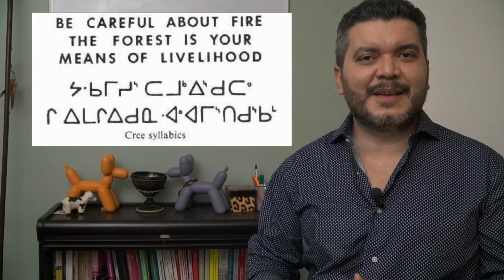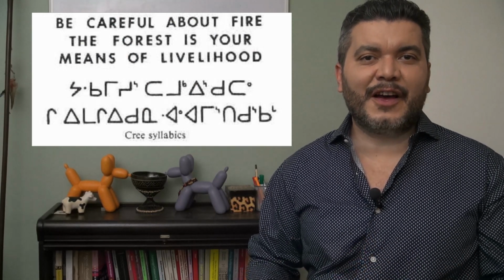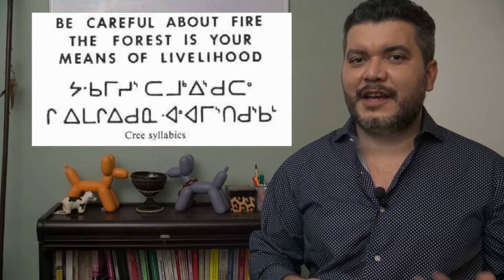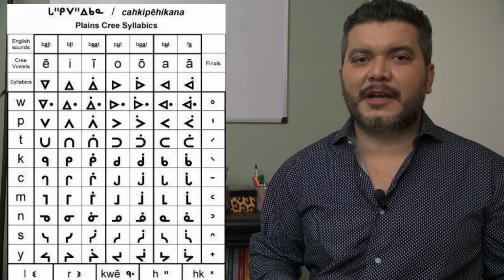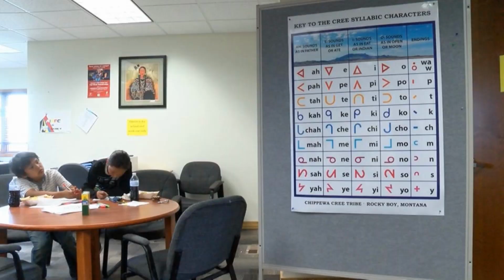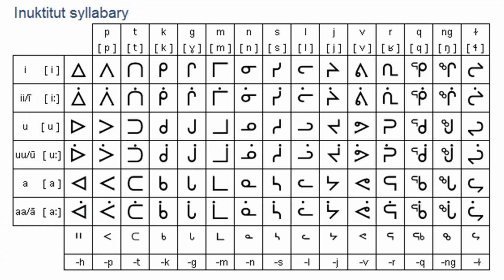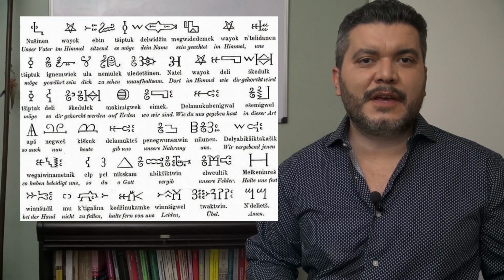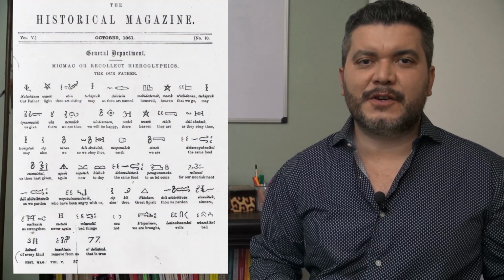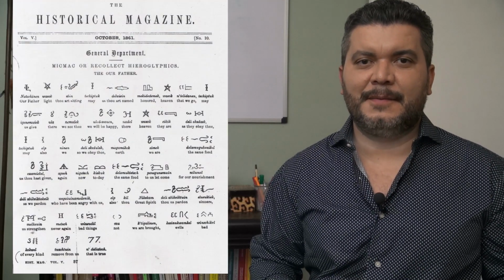The Cherokee syllabary inspired the development of syllabaries for other Native American languages, like Cree syllabics used by Cree and Ojibwa, the Chippewa Cree syllabary based on the Cree syllabary, Inuit syllabary also based on the Cree syllabary, and for Mi'kmaq, there was both a hieroglyphic and syllabic version of Mi'kmaq writing.